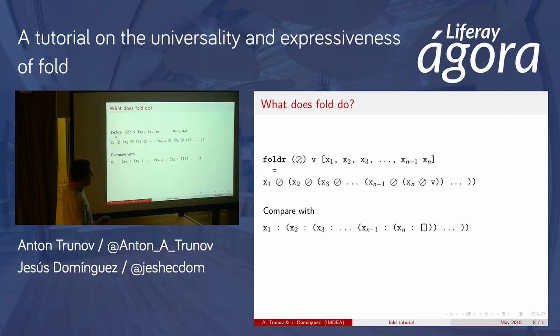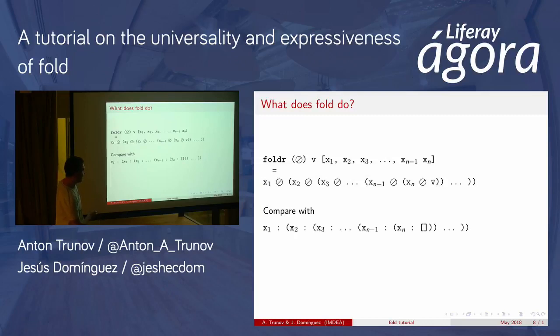And so fold right basically starts from the end of the list, right? So it takes xn, combines it with v, and then the result combines with xn minus 1, and so on and so forth, until it combines it with the first element of the list, right?